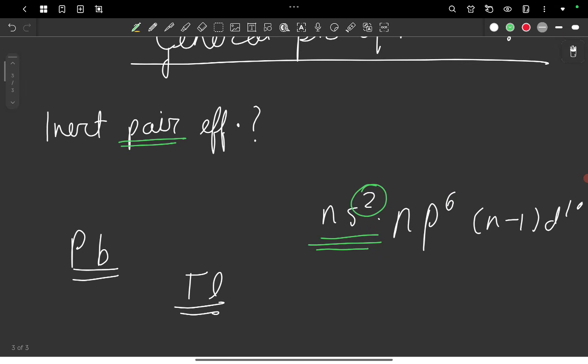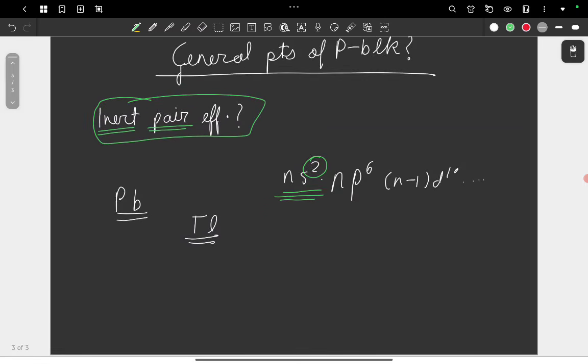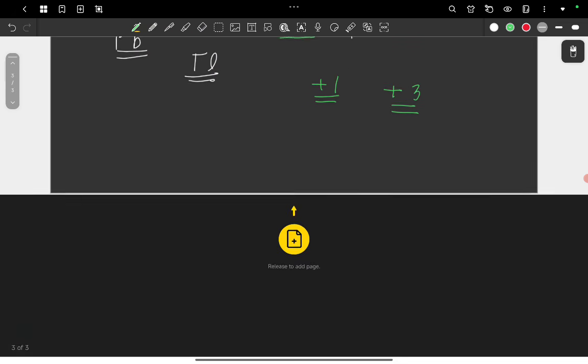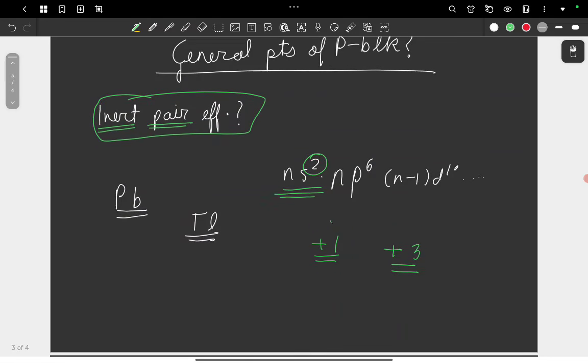And inert means they don't take part in chemical reactions, so we call them inert, and hence the name inert pair effect. Now an example of this is how the oxidation state of +1 gets more stable down the group in comparison to the +3 state. But you will understand this better when we dive deeper into individual groups, so let's not concern ourselves with this yet.